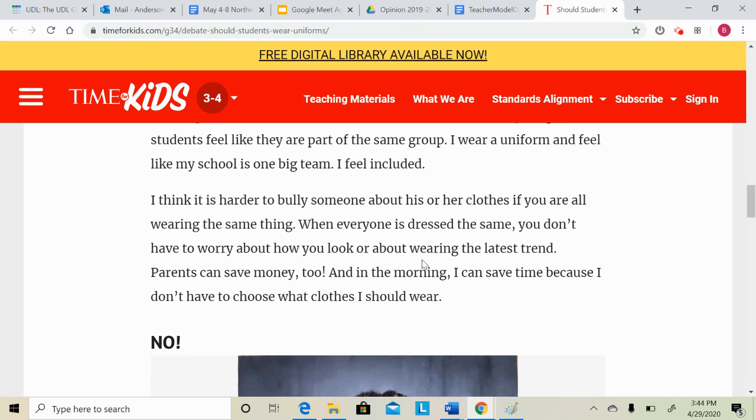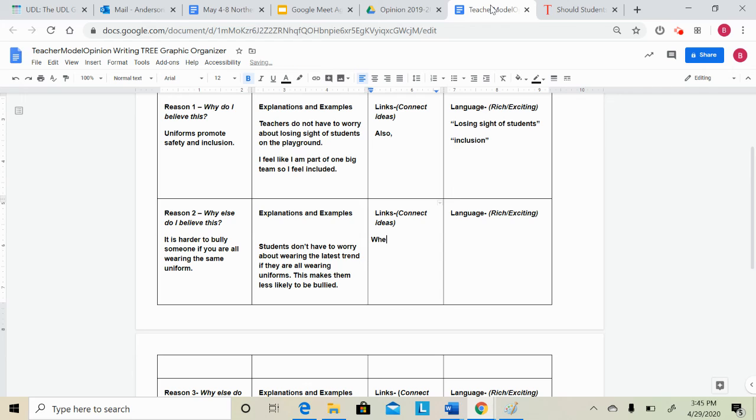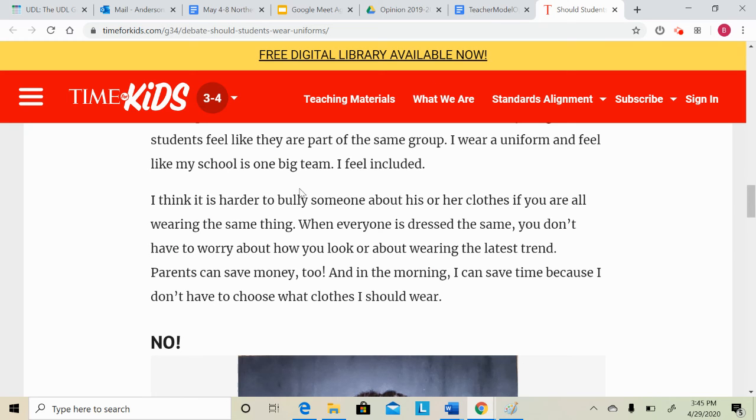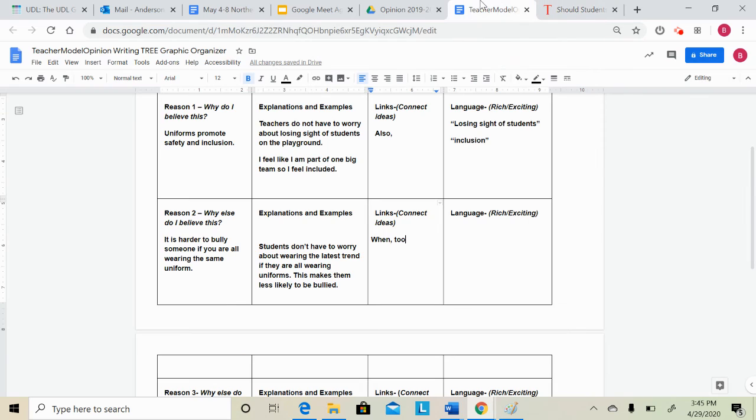I can save time. I'm not sure if I really see a great example of a connecting word in here, but we'll put "when" and "to" because those are where she's starting to get those connecting ideas, but we could probably include a few more. Let's look at her language. "Trend" is an exciting word. So "trend" is exciting language.